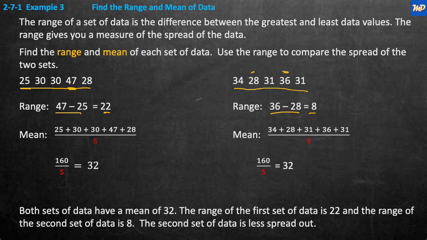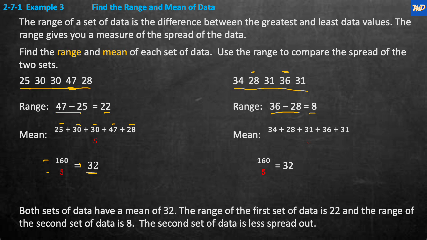So what's the mean? Well, we're going to add them up. We're going to add 25, 30, 30, 47, and 28 on the one side, and on the other we're going to add 34, 28, 31, 36, and 31. Just take the 5 numbers on each side, add them up independently, and divide each by 5. So 25 plus 30 plus 30 plus 47 plus 28 is equal to 160, divided by 5. 160 divided by 5 is 32.